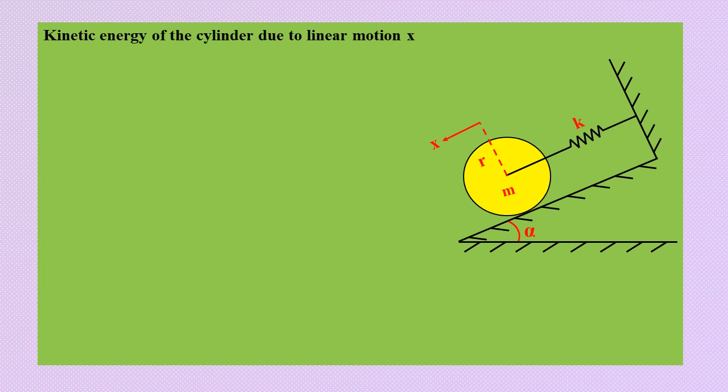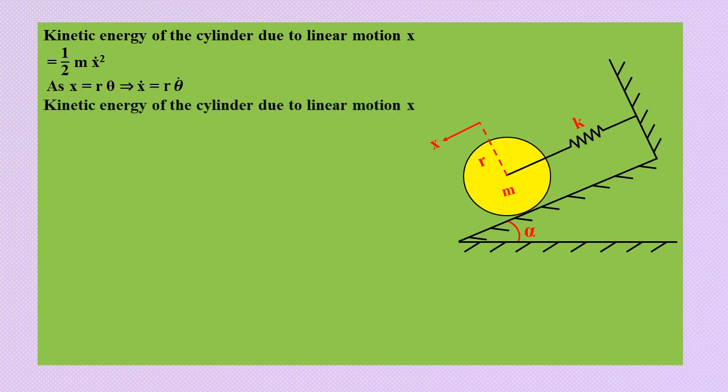Kinetic energy of the cylinder due to linear motion x equal to 1 by 2 m x dot square. As x is equal to r theta, it implies x dot is r theta dot. Kinetic energy of the cylinder due to linear motion equal to 1 by 2 m r square theta dot square.